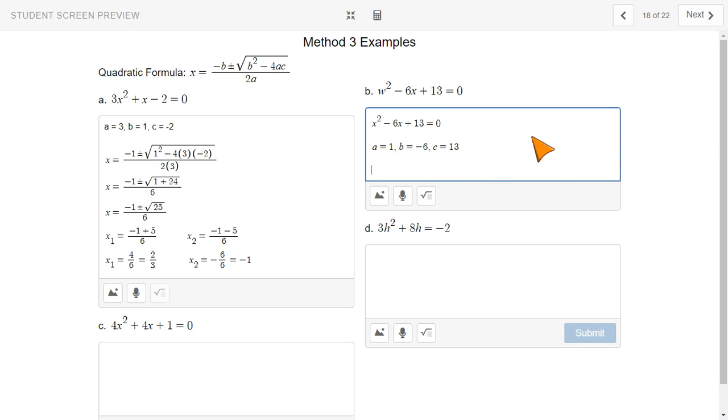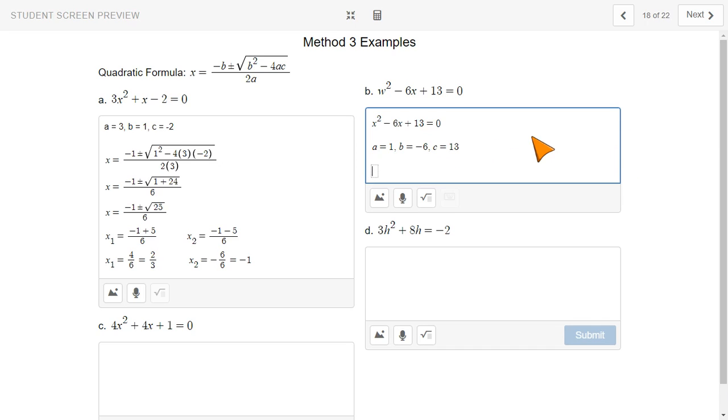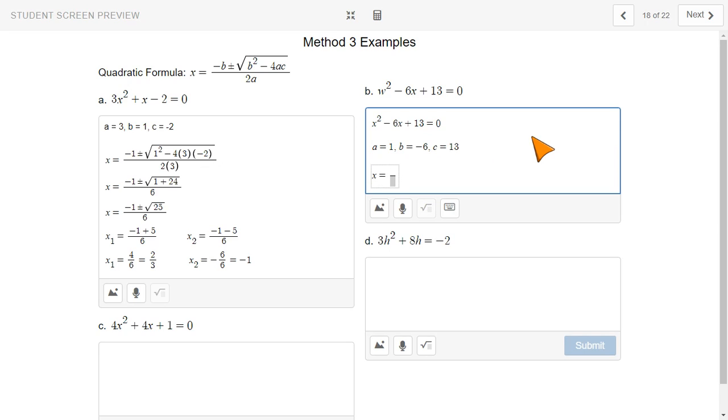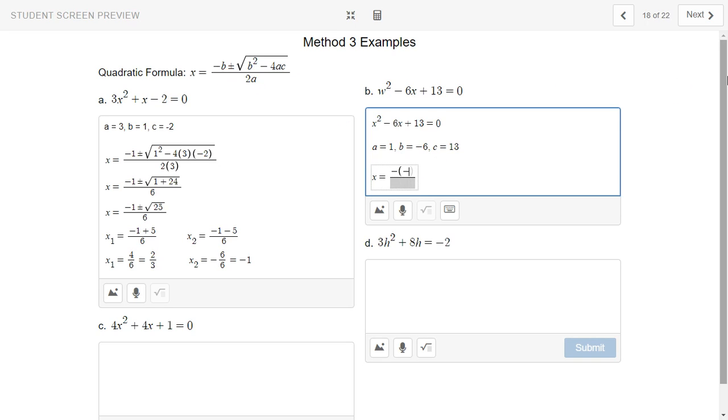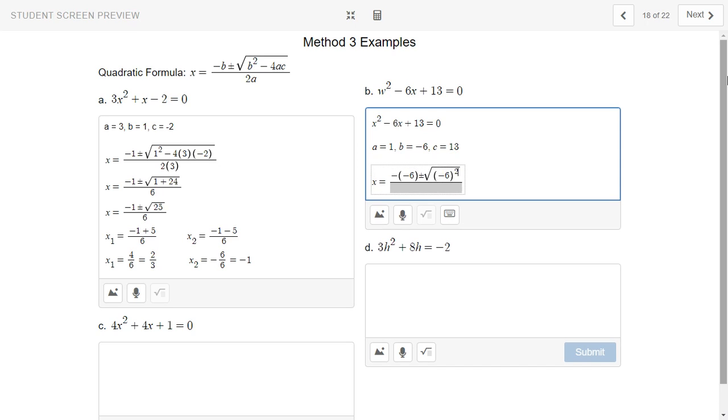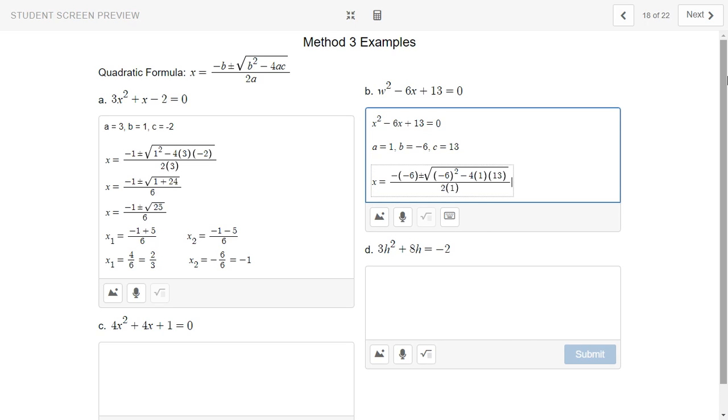When I have a negative b, I need to be very careful because the first part of the equation requires us to write a negative b. So now I have negative 6 plus or minus the square root of negative 6 squared minus 4 times a times c. This is all over 2 times a.